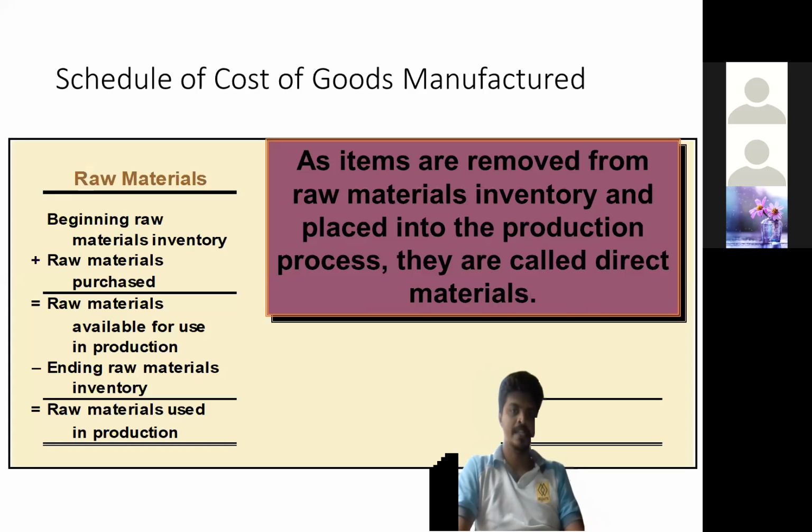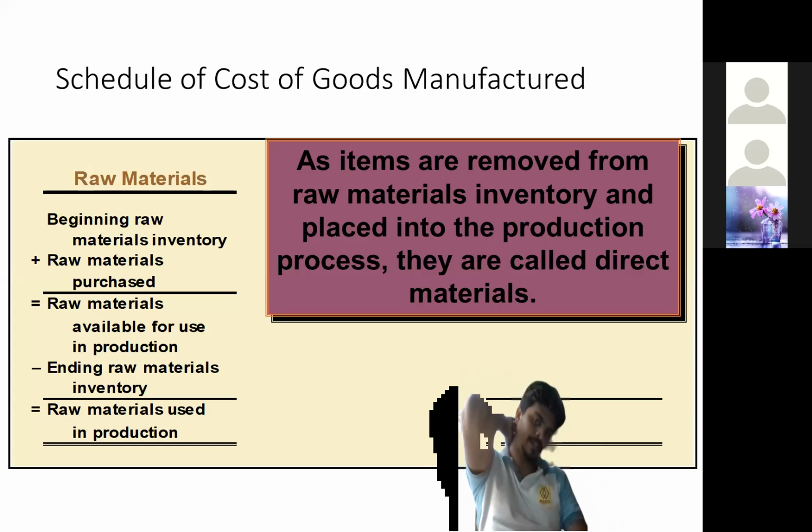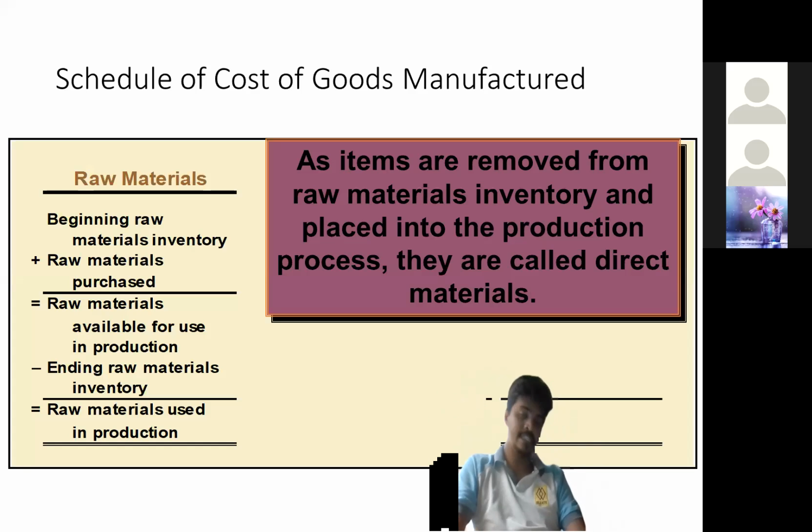Here, let's see. First thing is we need to identify the raw material consumed. We can identify that as the direct material cost. So here you can identify the way of calculating it.